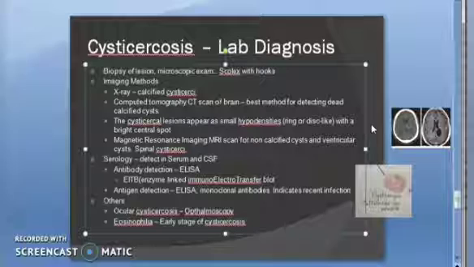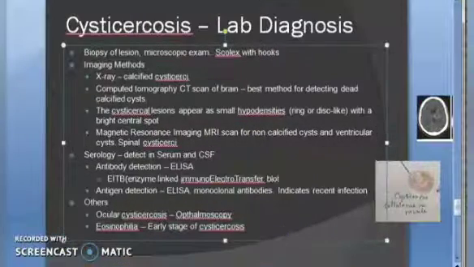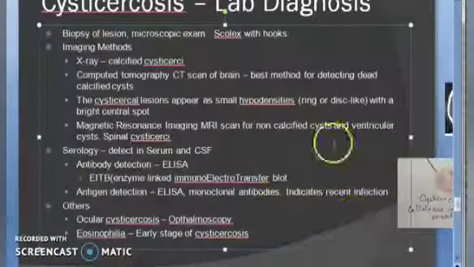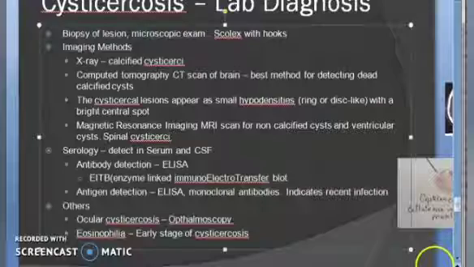ELISA, same thing, EITB, antigen detection you can do. Then for ocular cysticercosis, you will use ophthalmoscope. Then eosinophilia you will detect in blood. So cysticercosis lab diagnosis is kind of different, kind of special. If you want, you can look at the details of cysticercosis lab diagnosis some more, okay?